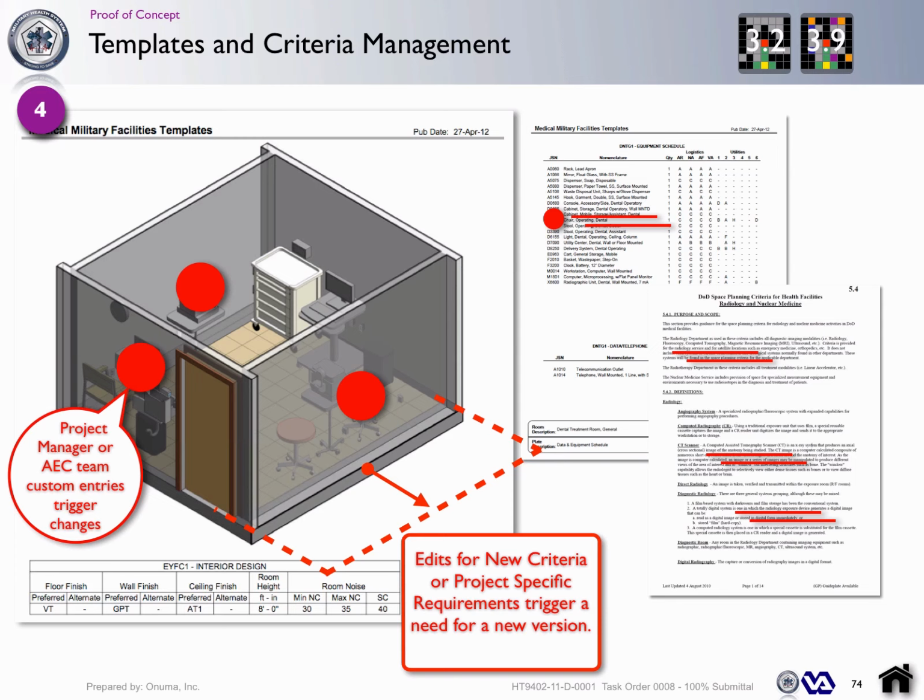The other edits that happen, we notice, are when a SEPS project manager is defining a new project in SEPS and interviewing the stakeholders at a hospital, for example. The stakeholders might say, well, we see this eye exam room in SEPS, but we really need it to be 20 square feet larger, and we have these 3 specific pieces of equipment that we use in that room.